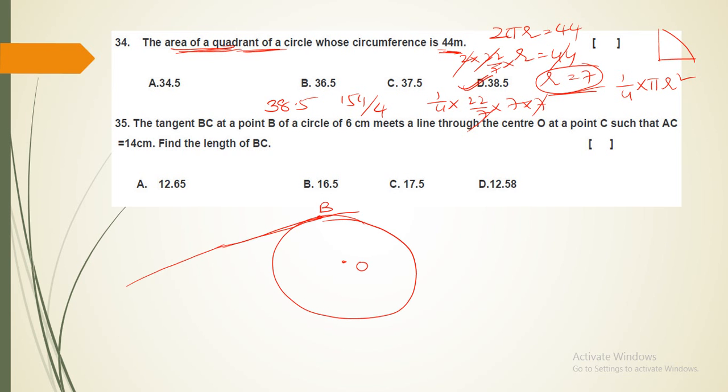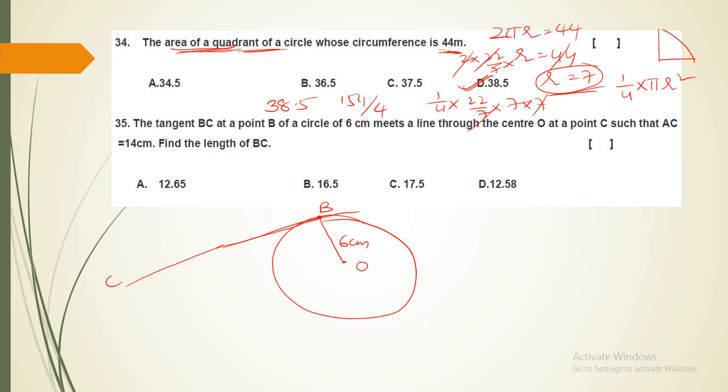So this is B and this is C. It meets a line through the center O at point C such that AC is equal to 14 centimeters. So find the length of BC. Sorry, here this is not 6 centimeters, here the radius is 6 centimeters.